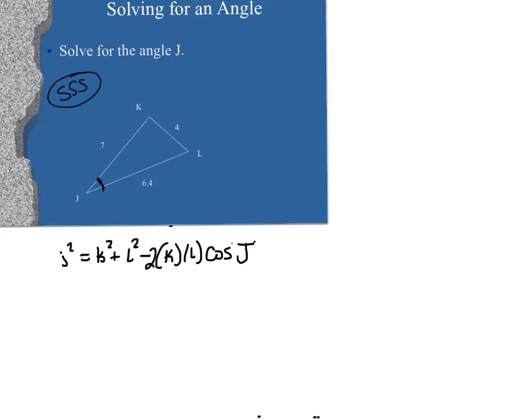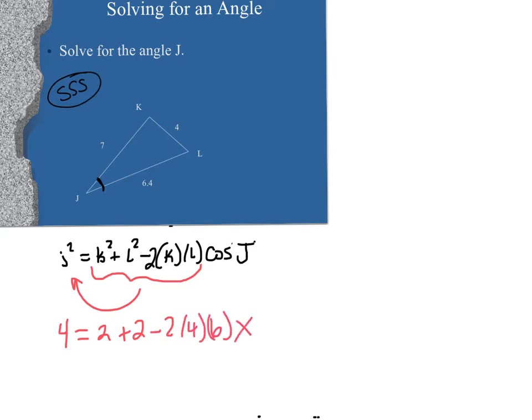So what I need to do is get all this junk over to the other side. And this is where a lot of mistakes occur. People are fine with the formula, but the mistake occurs with how we balance an equation out. So think about if I had 4 is equal to 2 plus 2 minus 2 times 4 times 6 times x.